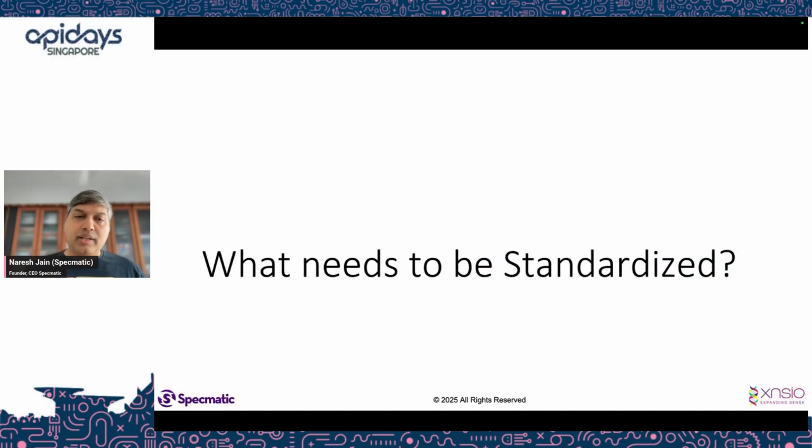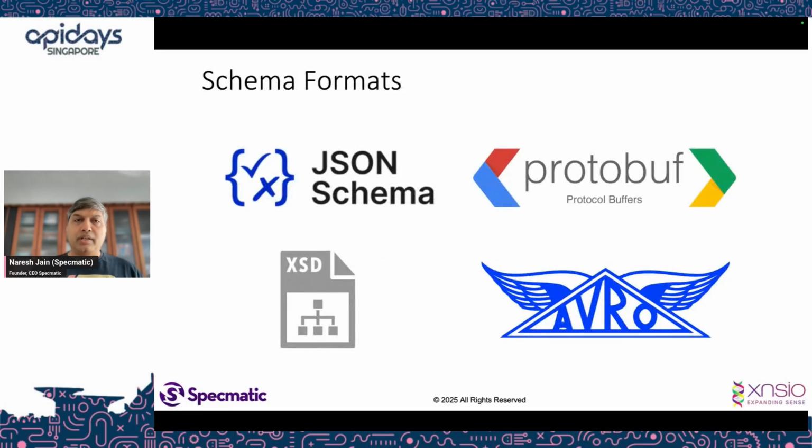So you might ask, okay, that's fine, but what are the aspects that need to be standardized when you're trying to design an AsyncAPI specification? So let's look at it. The first thing, of course, is your schema format, right? AsyncAPI allows you to provide your schema definitions in JSON Schema, also protobuf, Avro, and we've recently also added support for XSD. So there are many different formats in which you can specify your schema, your payloads.